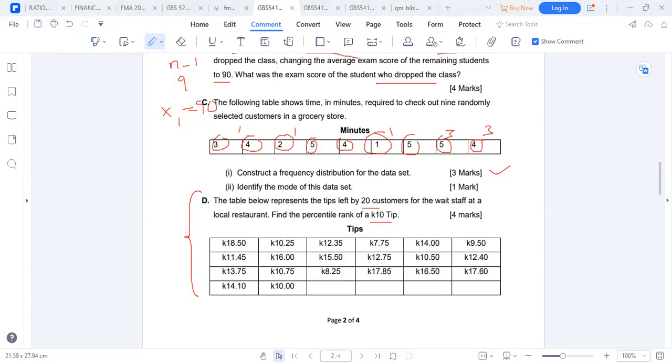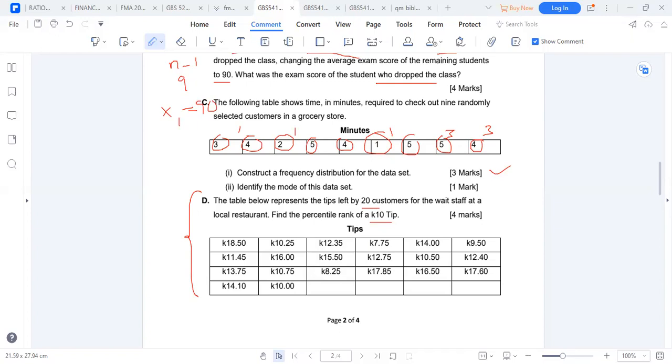After we arrange them in order, we identify the rank of the 10th tip.